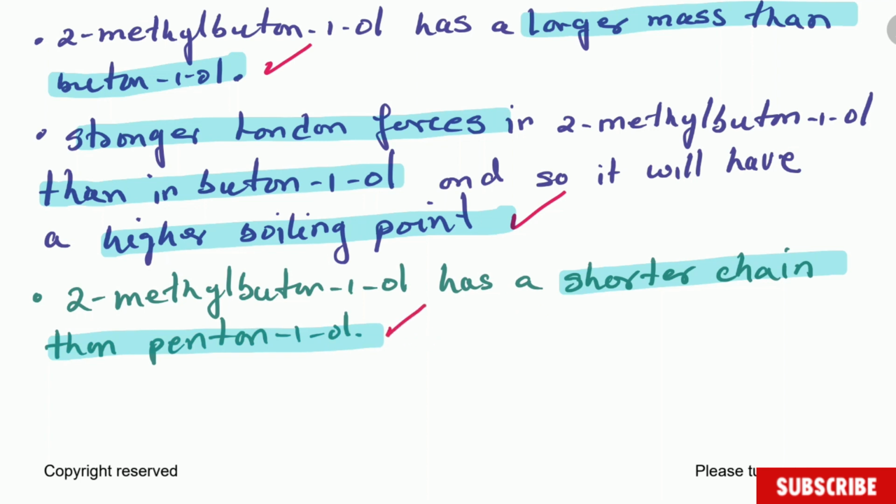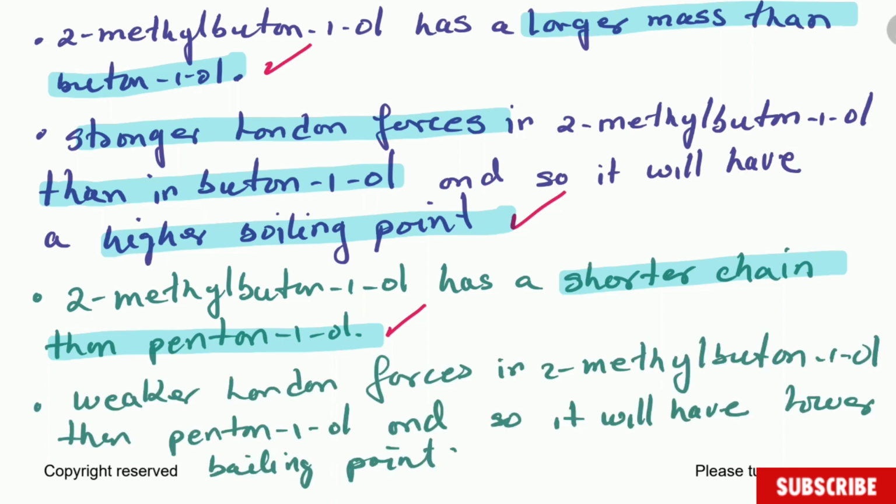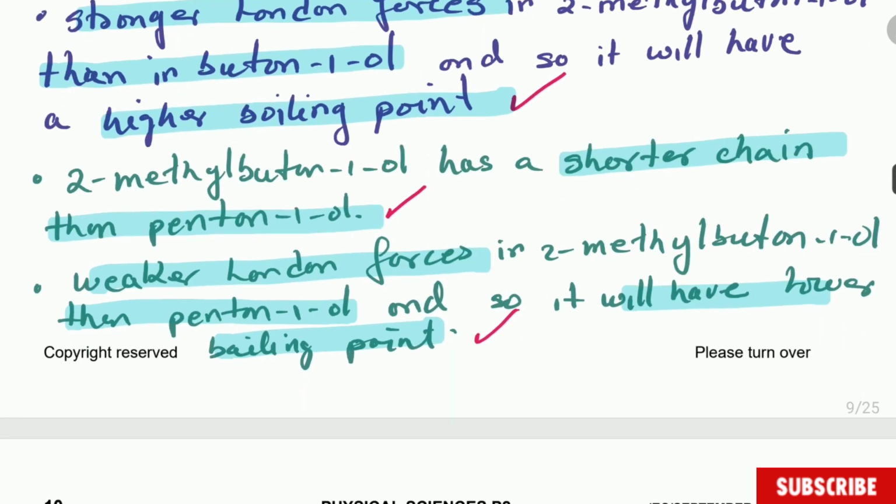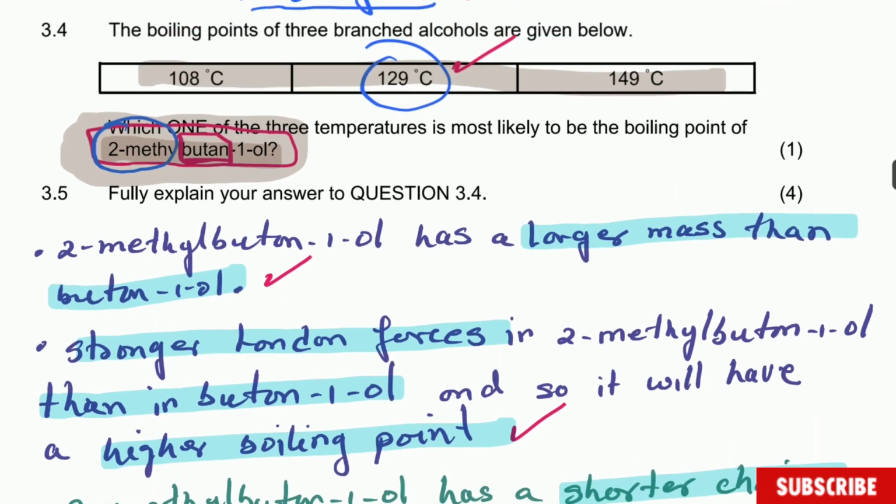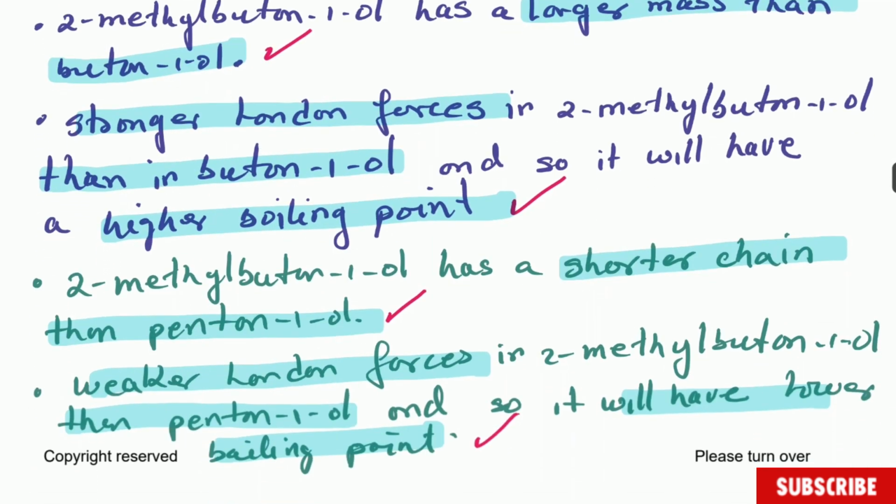As a result of the shorter chain, we'll have a weaker intermolecular force, in this case London forces, than pentan-1-ol, and therefore a lower boiling point. To finalize, you have to say that it has weaker London forces than pentan-1-ol, and so will have a lower boiling point. If you say that, you get another mark. This is a total of 4 marks for that explanation, and it's not that bad, guys, but it could be a little bit more tricky.